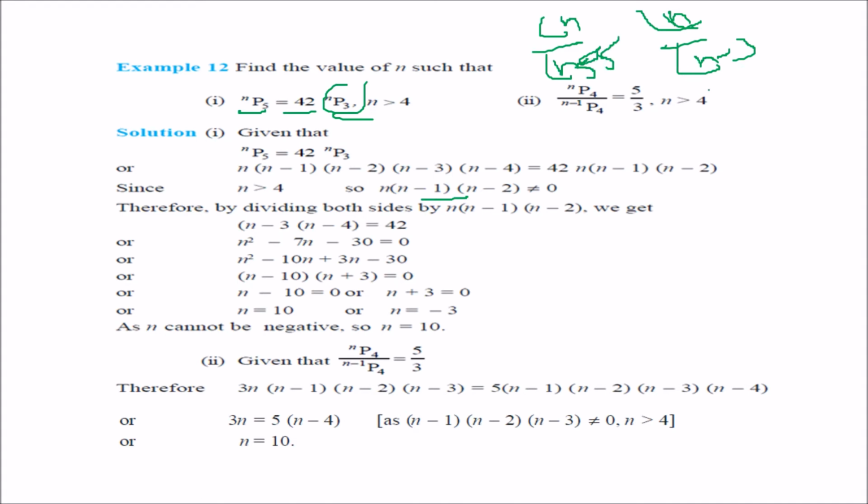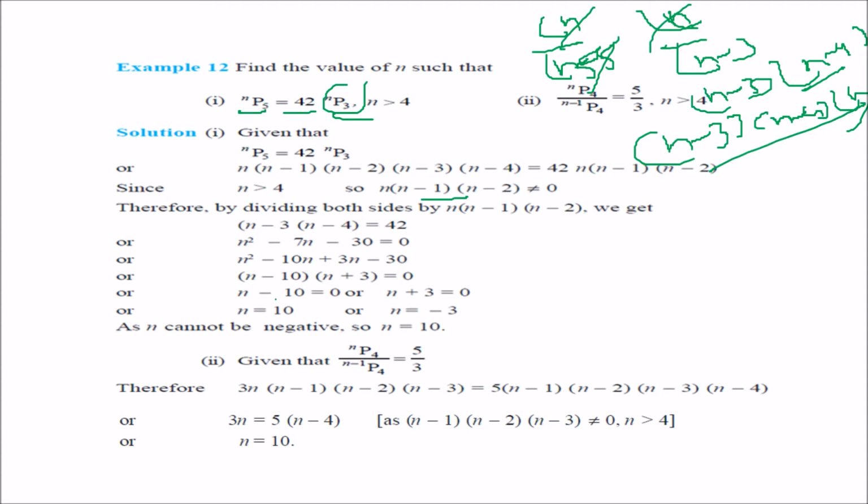So n minus 2 factorial can be written as n minus 2 into n minus 3 factorial. Okay, this gets cancelled. Only n into n minus 1 would remain, is equal to 42, and n equal to 7, n equal to minus 6 if you solve it using factorization. So you will not choose the negative value, n equal to 7 will be the answer.